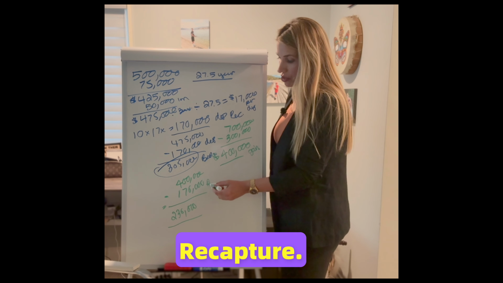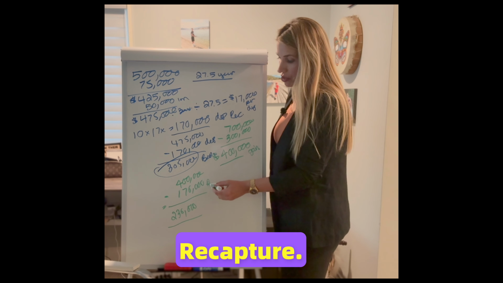They are taxed differently. The recapture is taxed at a 25% max, costing about $40,000 in taxes. You take capital gain 15, 20%, let's use 20%. That's an additional $45,000, totaling $85,000 of taxes that you owe.